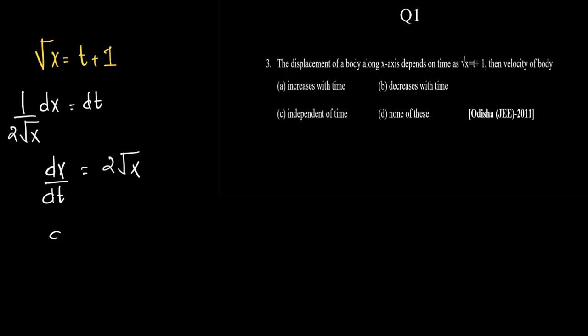We can say that dx by dt is equal to 2 root x. What is root x from the question? Root x from the question is t plus 1. Now, what is dx by dt? dx by dt is velocity, which is equal to 2 into t plus 1.